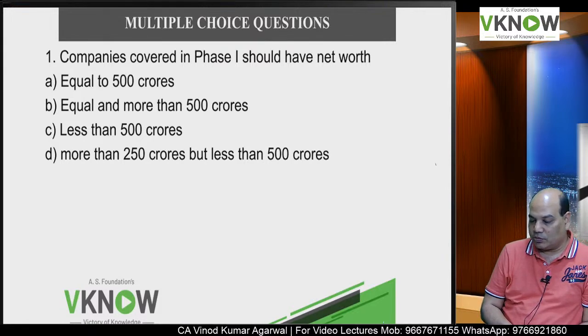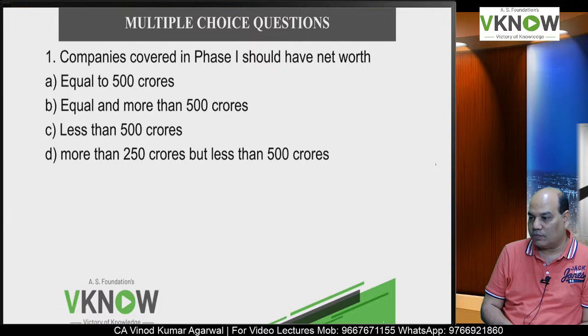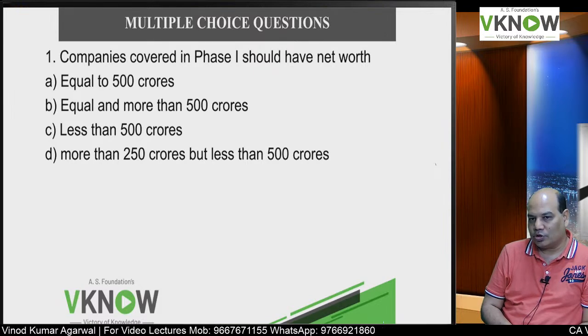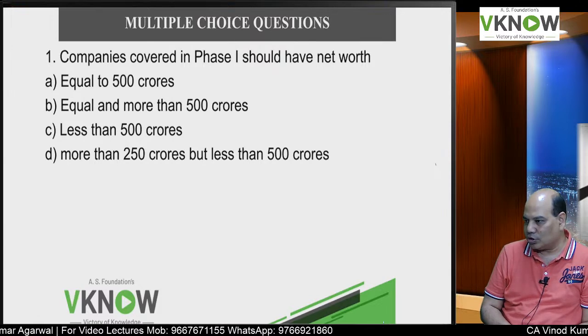Companies covered in phase 1 should have net worth: A, equal to 500 crore; B, equal to or more than 500 crore; C, less than 500 crore; D, more than 250 but less than 500. Students who are learning at home will also reply. In the old course MCQs were not there, but in the new course they have said they will ask MCQs.